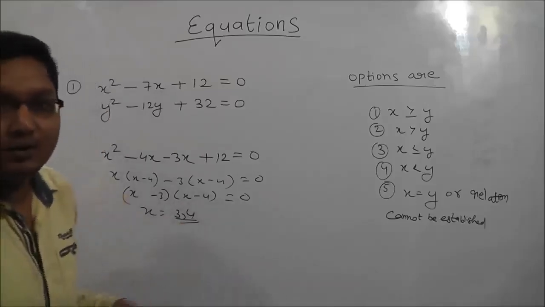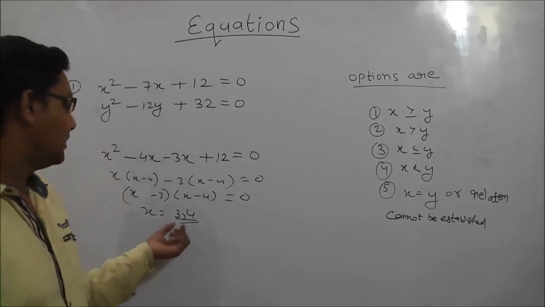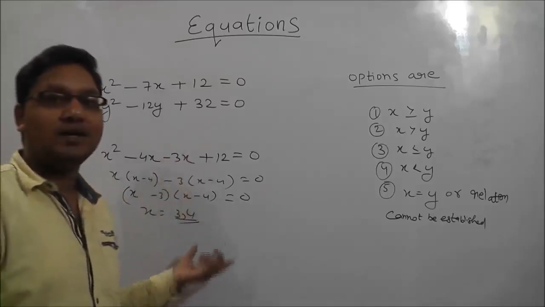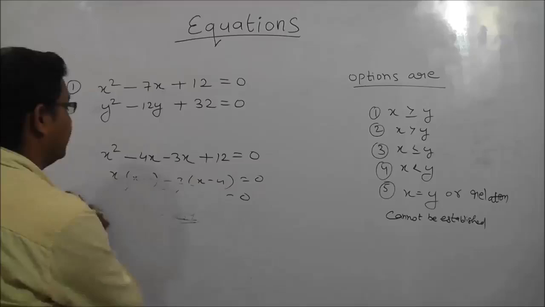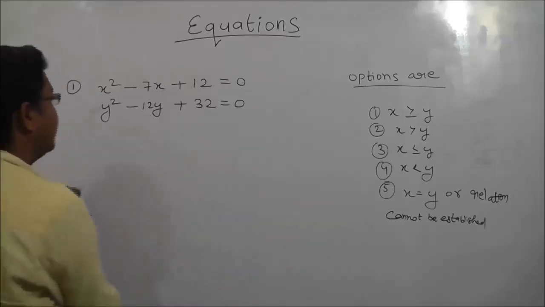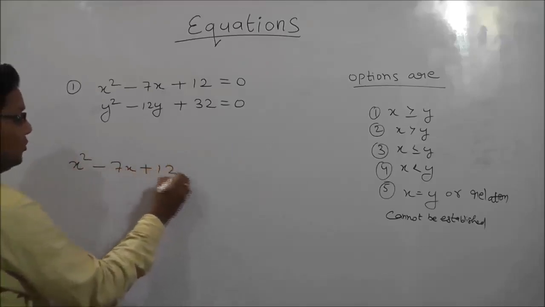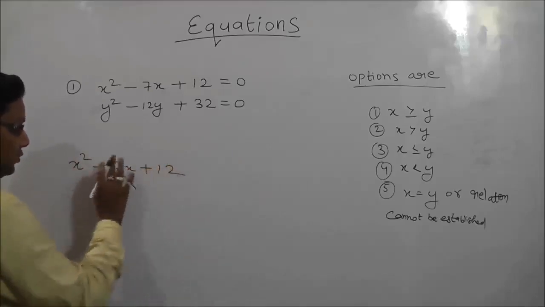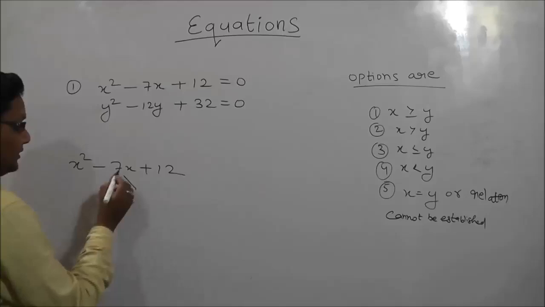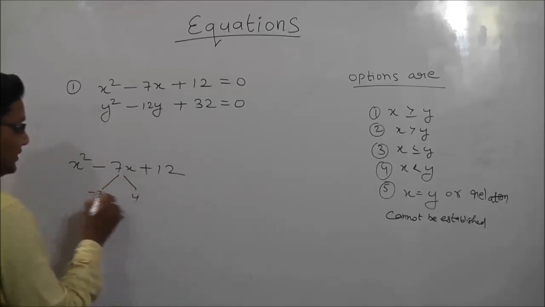But I will tell you the shortest way to get 3 and 4, with no need of writing this many steps. See here. The first equation is x square minus 7x plus 12. We have to divide 7 into minus 3 and minus 4.